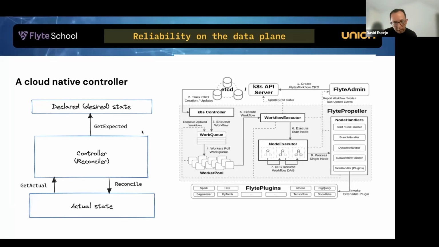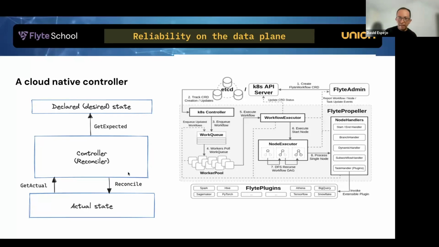It's transformed into protobuf files. It's submitted as a Kubernetes CRD, and that's what Flyte propeller will observe, will watch, and it will work 24/7 relentlessly to make the actual state match the desired state.